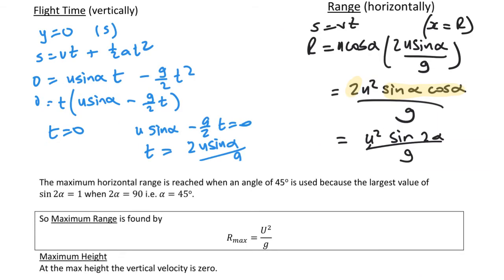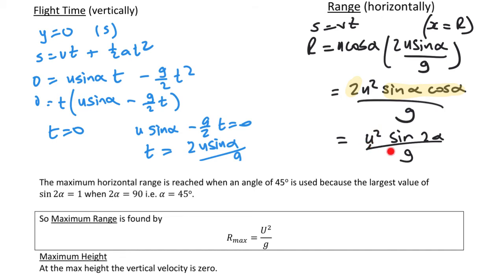Now the maximum horizontal range is reached at an angle of 45 degrees, because if alpha is 45, then 2 alpha is 90, and the sine of 90 is 1. So that gives us the maximum value of u squared over g. If we used any other value of alpha, 2 alpha is going to come in at something less or more than 90, which means that the sine of it is going to be less than 1.